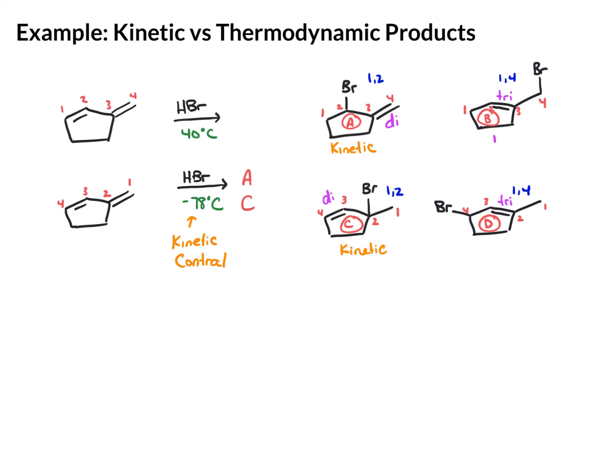And that's in product B and in D. So if we're under thermodynamic control, which is what we have at higher temperatures, we get the thermodynamic products. And in this case, that's going to be products B and D.